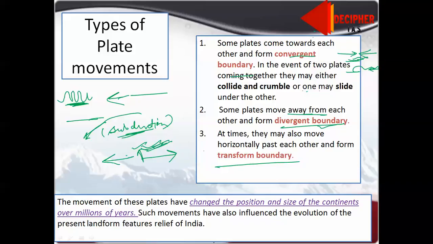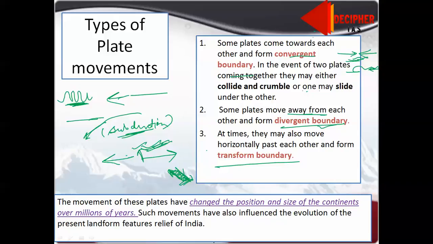The third one is when the plates move horizontally past each other like this. One is moving like this and one is moving like this. So these both have friction between them, like when we rub our hands, but our hands are not colliding. They are rubbing horizontally. So this is called transform boundary.